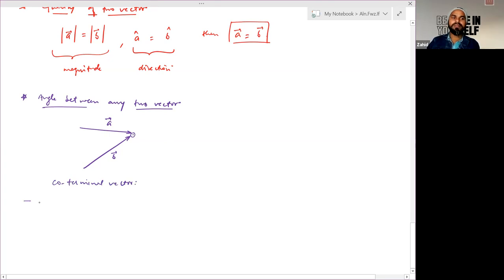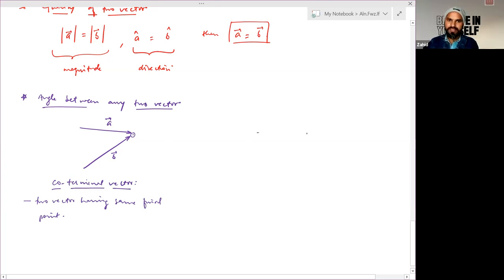Which means two vectors having same final point or ending point are termed as co-terminal vector.